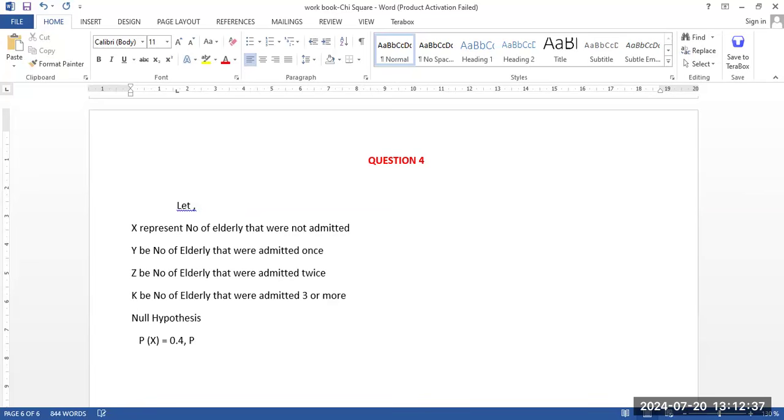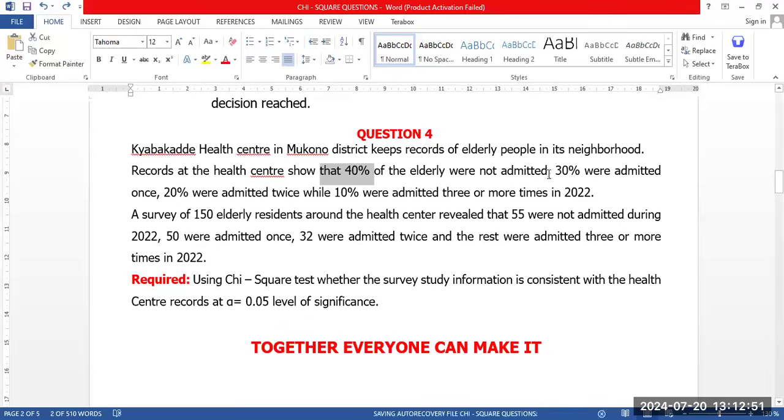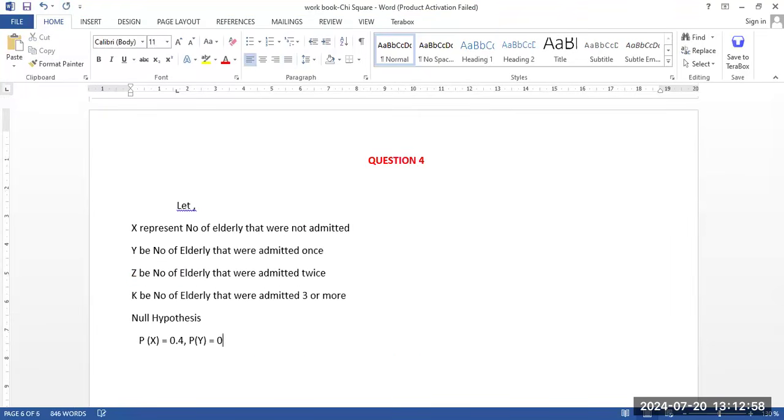Then probability of Y is equal to, what was the portion? 30%, which is 0.3.